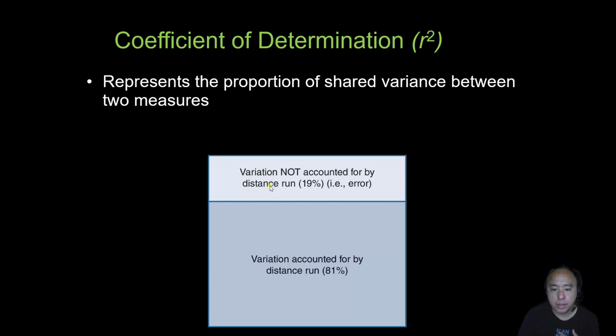While the white area is the unexplained variance. That's 19% in this case that is unexplained, that we don't know where it's coming from. It could be error, it could be random noise, but we do know based on this particular example that the variance in VO2 max can be explained. 81% of the total observed variance can be explained by distance run.